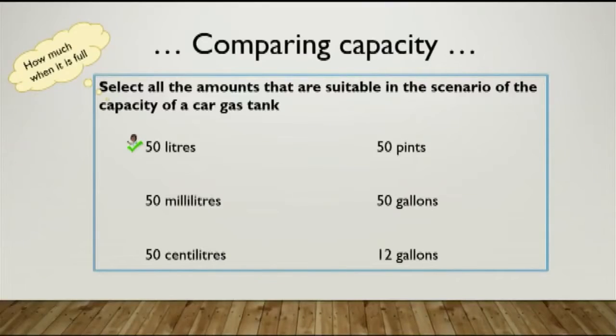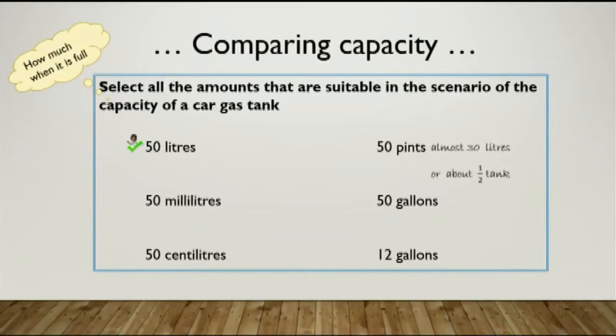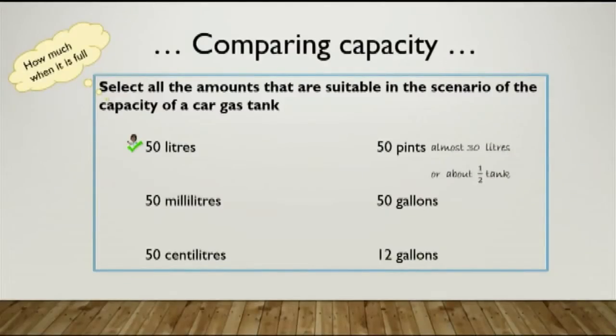Okay, 50 pints. 1 pint, 50 pints, not a car gas tank either. 50 pints is about half of the gas tank, 30 liters. 50 gallons is a whole lot. 50 gallons, 50 of this. All right, let me hold it again, 50 of this.